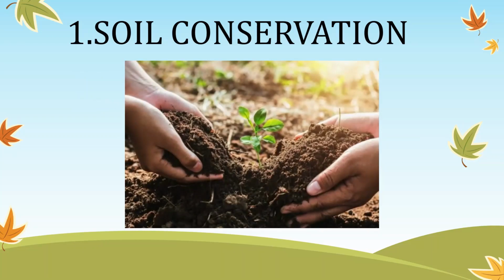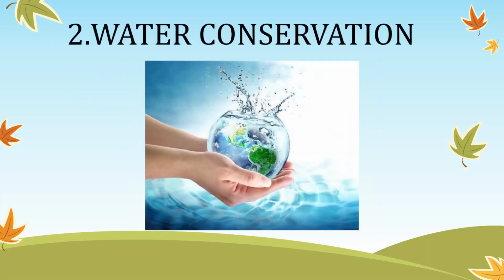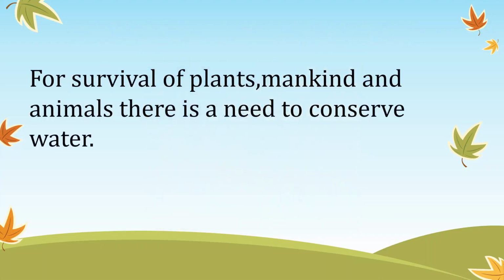Without soil, no plants can grow, and without plants, we will not get any food. Second, water conservation. The life on land totally depends upon water. So water conservation is very much essential. For survival of plants, mankind and animals, there is a need to conserve water.